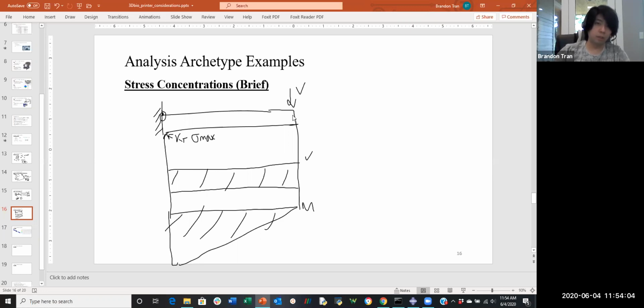If you still have your Shigley's books, or another book called Peterson's Stress Concentration Factor Manual, you'll be able to get experimental data on what this quantifiable KT is. Multiply it by your bending stress at the base, and you'll get your maximum stress considering stress concentration, which is very important because some stress concentrations can be marginally higher than the maximum stress without it. So that's something you also need to look into in your design.